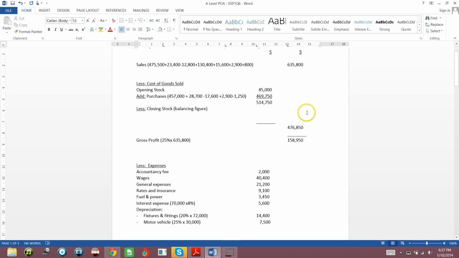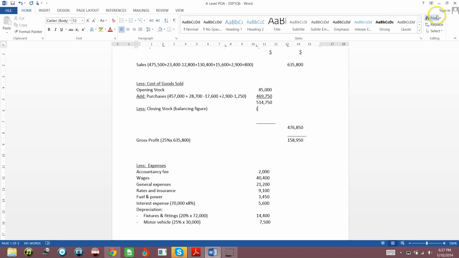So how are you going to resolve to find this X figure? The X figure would be 45,000 plus 469,750.